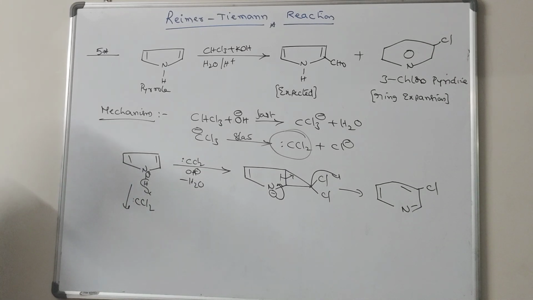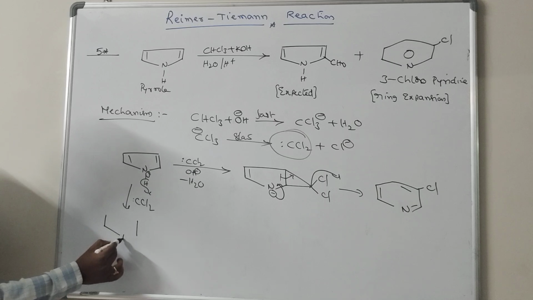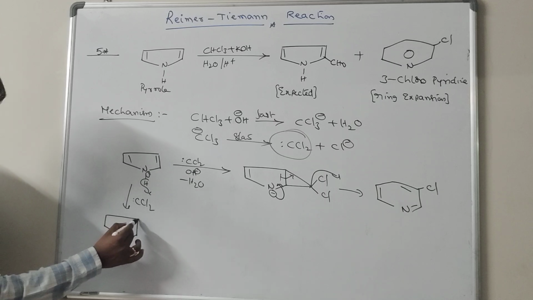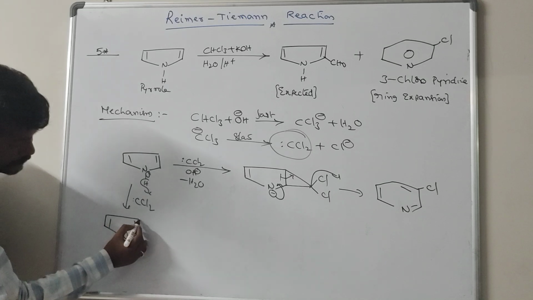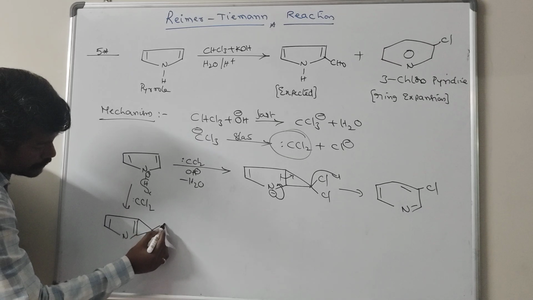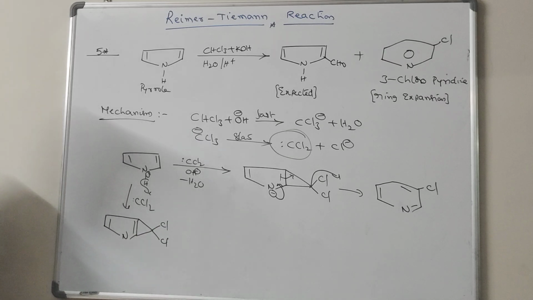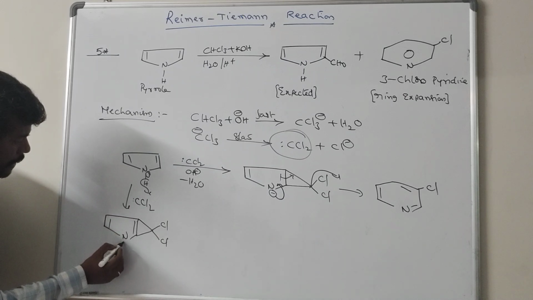Dichlorocarbene attacks pyrrole, which produces this, with Cl minus.